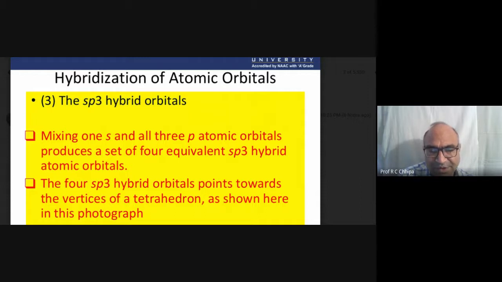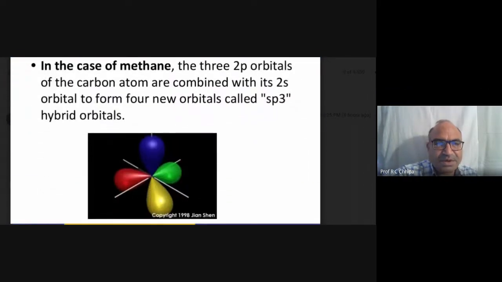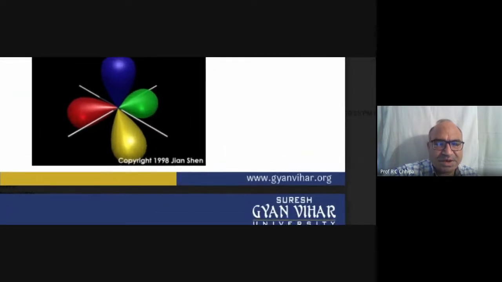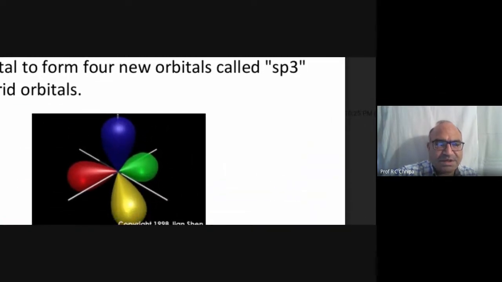The four sp3 hybrid orbitals point towards the vertices of the tetrahedron. This shows the shape of the molecule, which is methane: carbon with four hydrogen atoms.